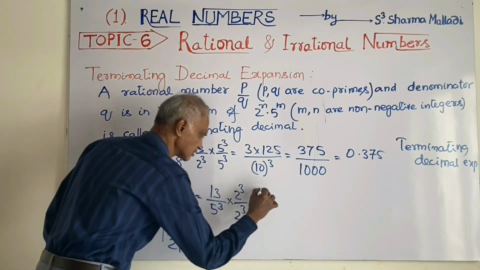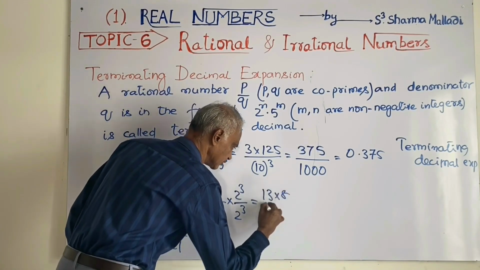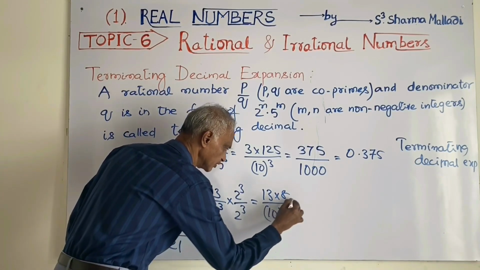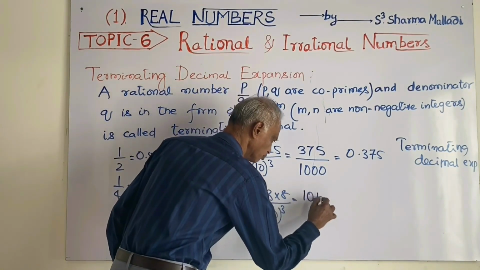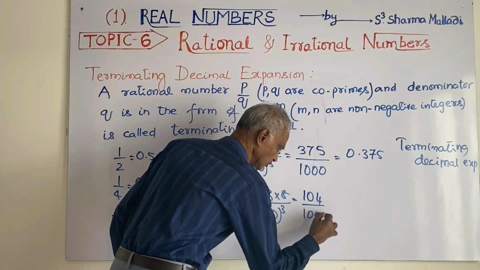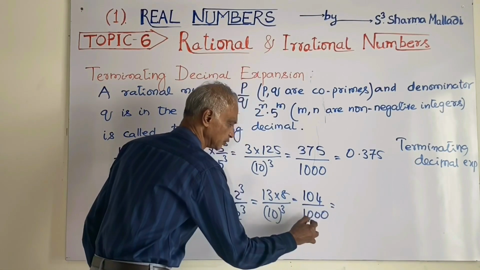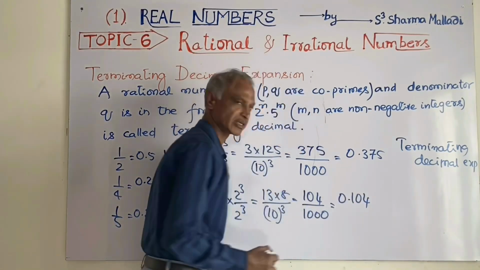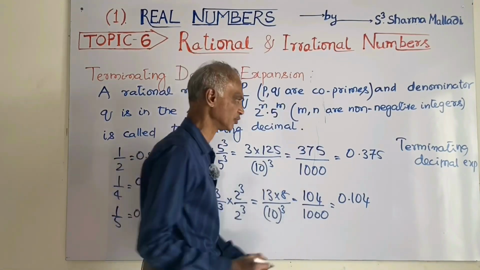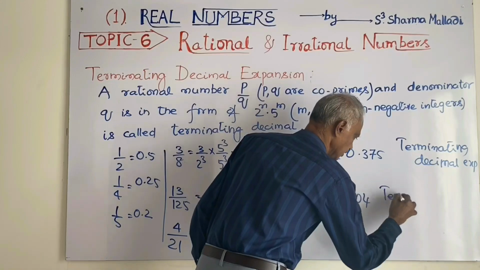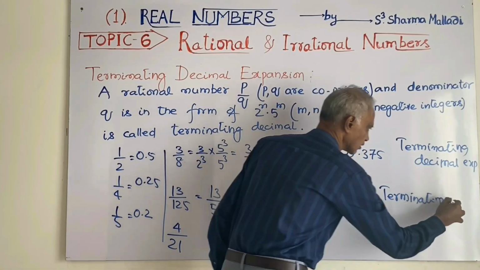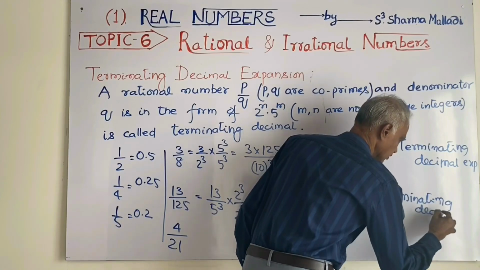This can be written as 13 into 8 by 10 to the power of 3. 104 by 10 cube means 1000. That is 0.104. This is terminating decimal expansion.